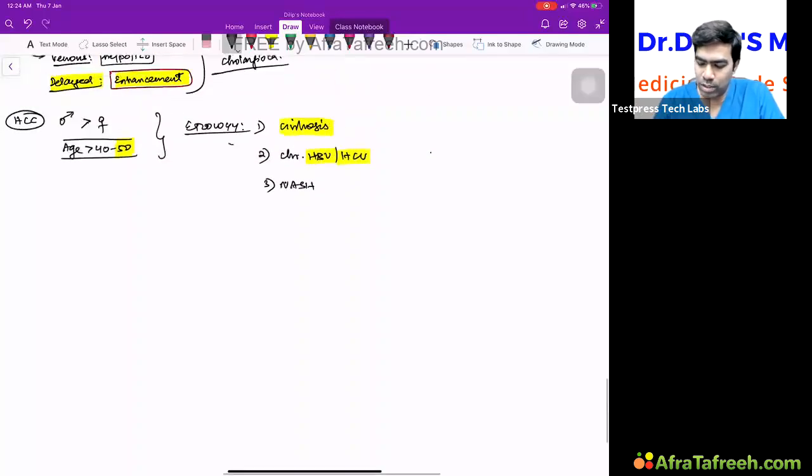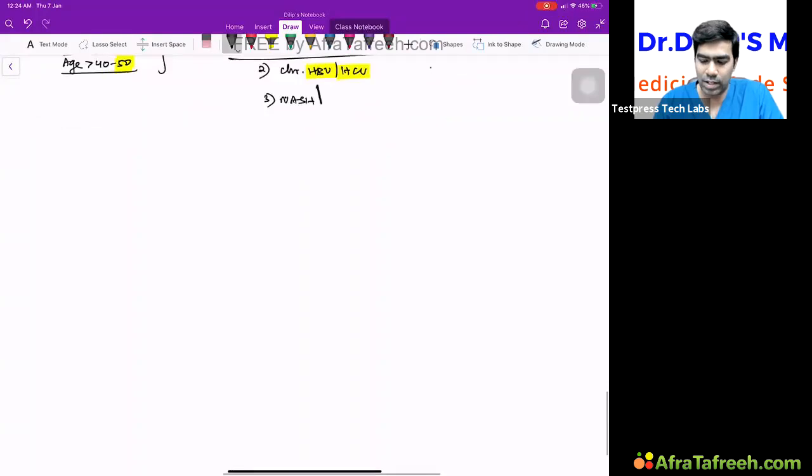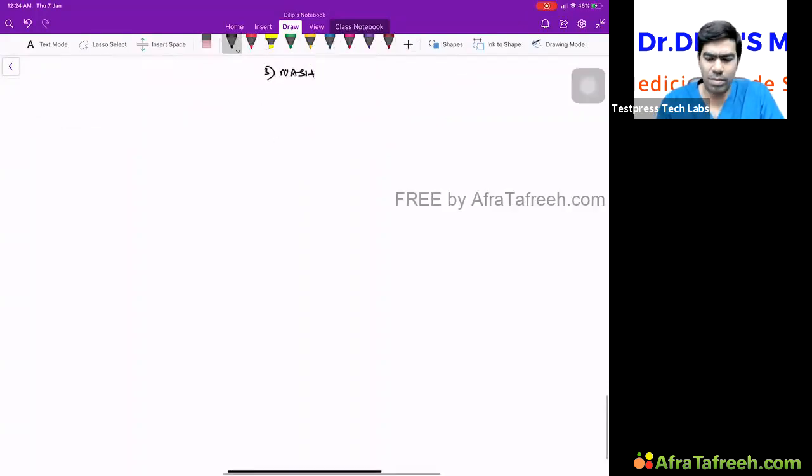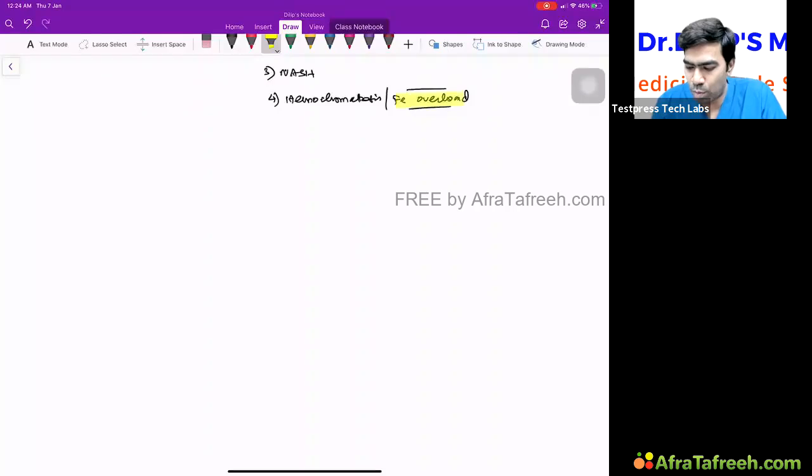Let me put cirrhosis separately, then the independent risk factors apart from cirrhosis. NASH can produce a risk for development of HCC, and hemochromatosis or any iron overload in the liver can result in development of HCC. Iron overload includes porphyrias as well.